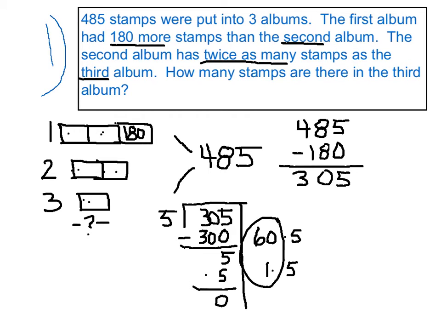So I have 61 groups of 5 in each of those equal boxes. And that answers my question. How many stamps are in the third album? 61. Well, that was easy.